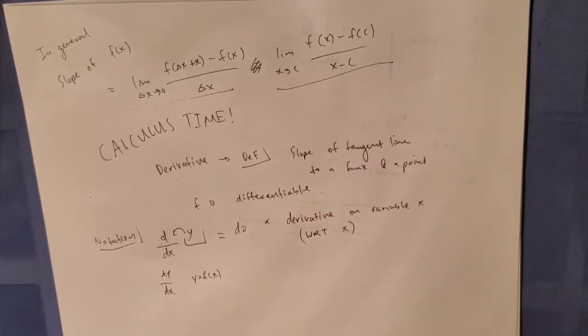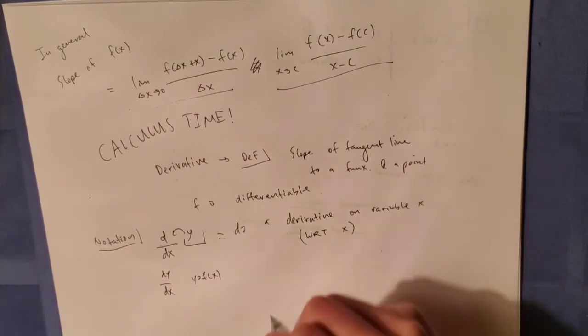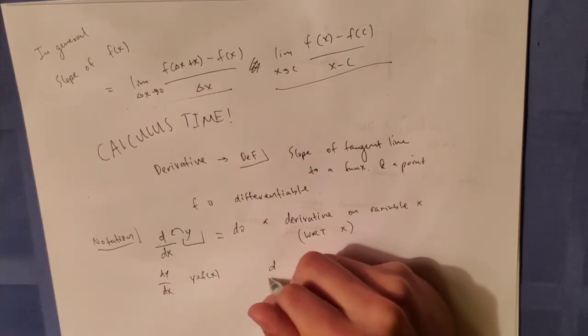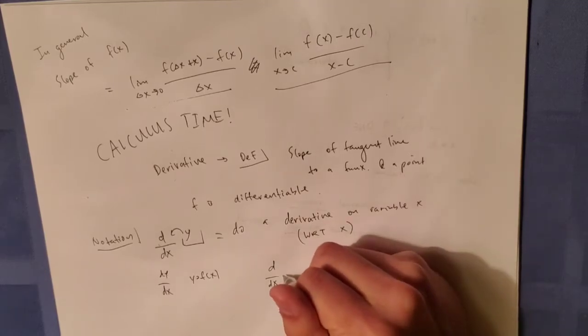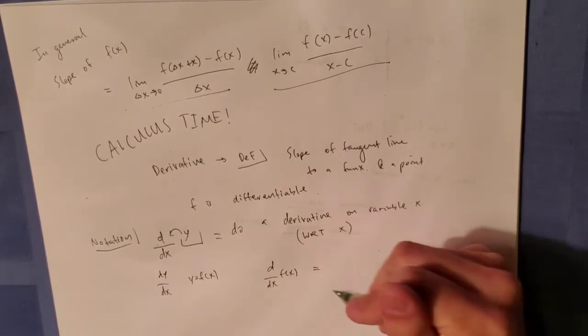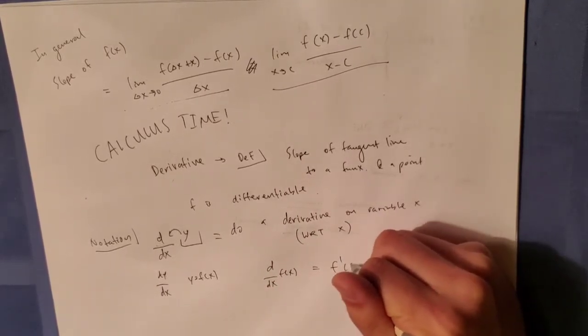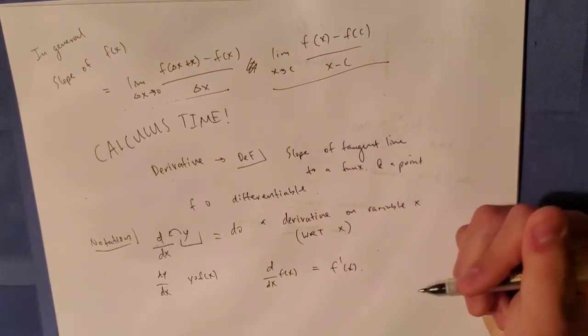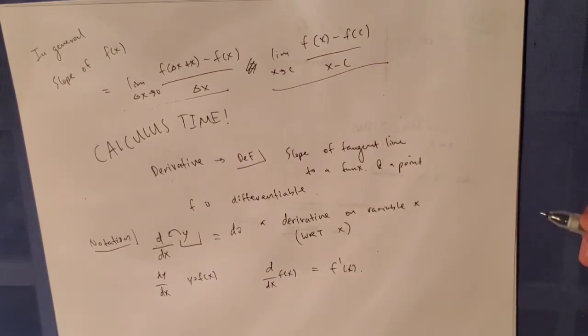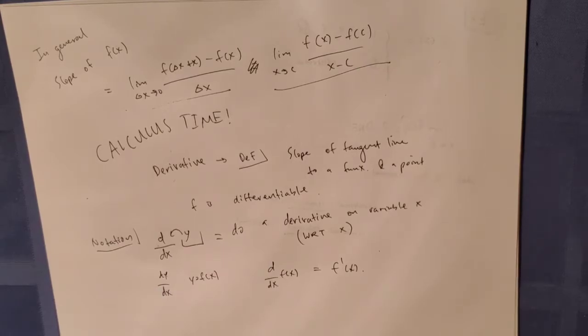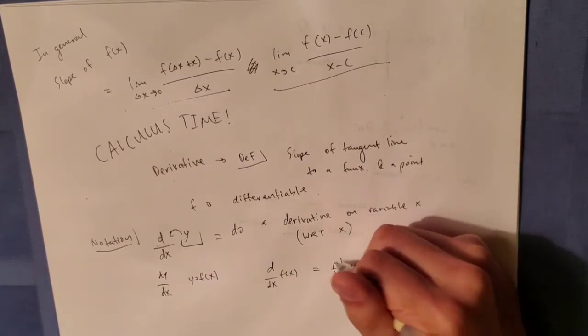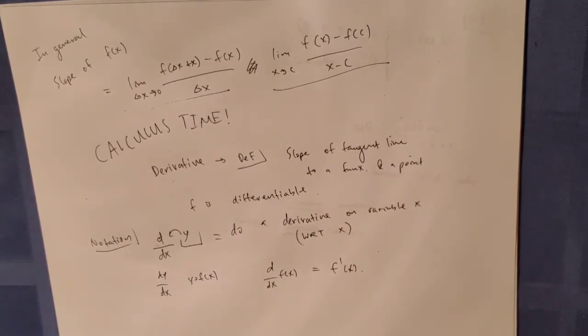There is also another way to notate derivatives, where you can say d/dx of f of x simply equals f prime of x. Now, this is better in a way because it's way easier to write. You just stick on a little apostrophe.